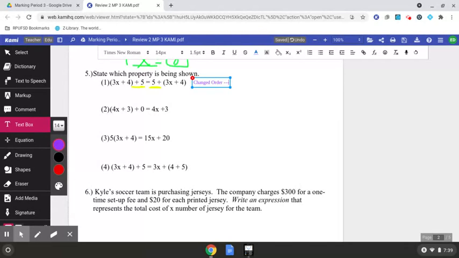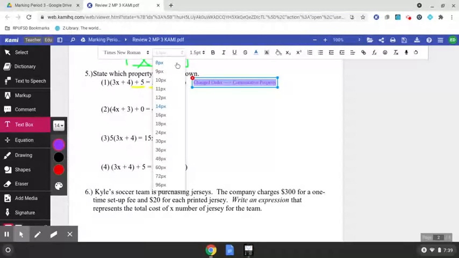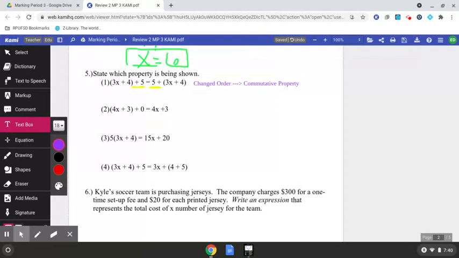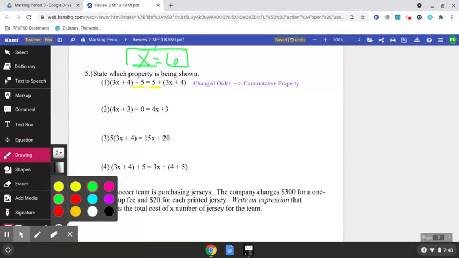And when we change order, we have the commutative property. The way I remember this one is CO, change order. So CO, change order, commutative starts with that.